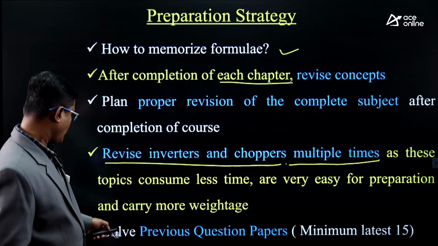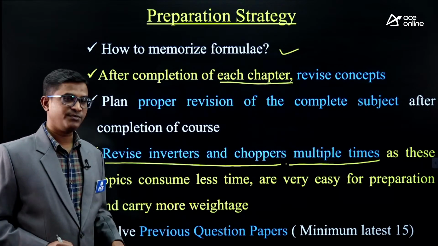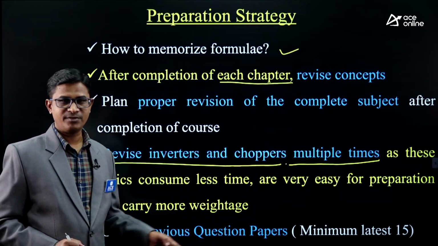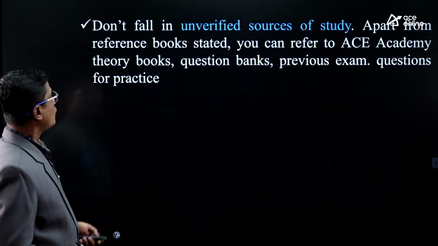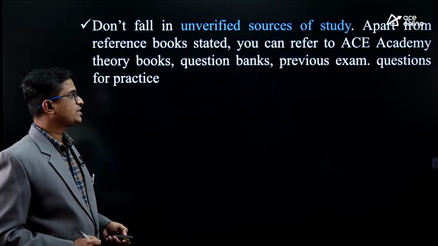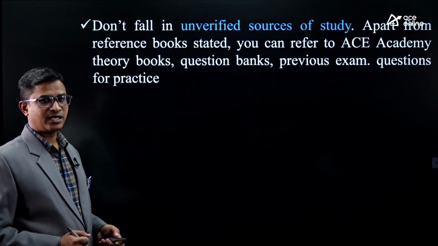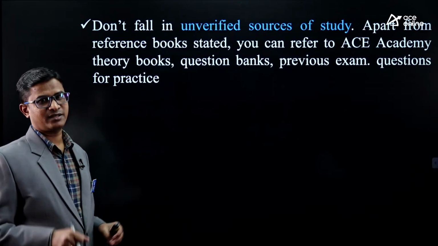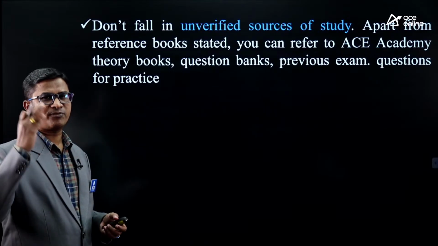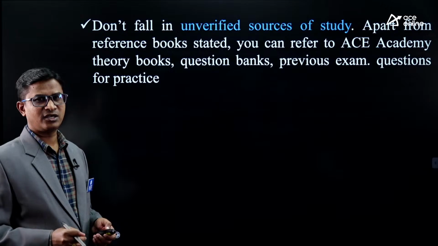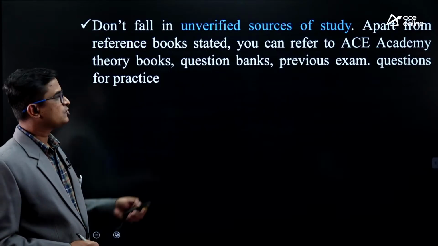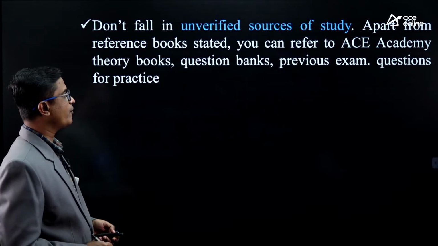Next, solve previous question papers, minimum 15, the latest 15. Don't fall for unverified sources of study. Generally, students search anything on the internet, and you will find a number of points, a number of contents related to one point. So unverified sources you should avoid.